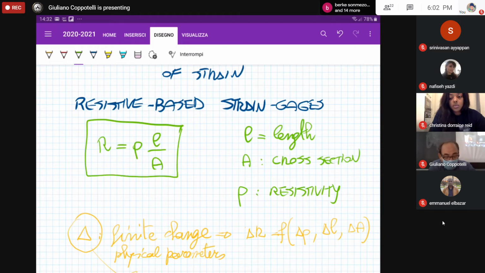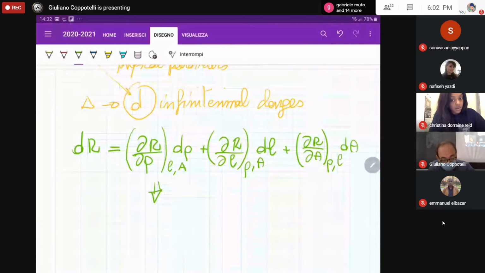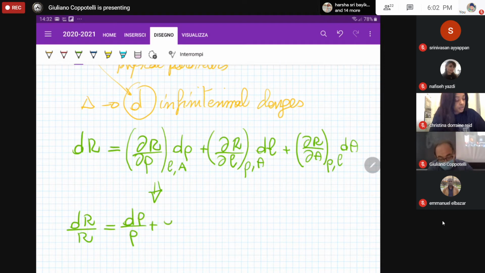And then what we are having is that the change of resistance with respect to the resistance is given by the variation of the resistivity with respect to the resistivity plus the change of the length with respect to the length minus the change of the area with respect to the area.